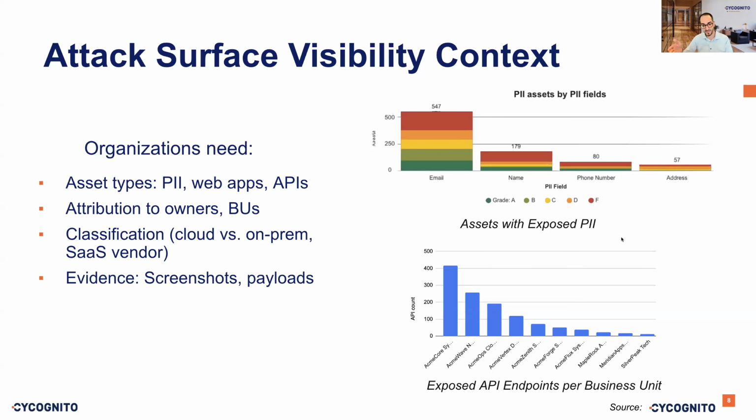This is obviously obfuscated, but different business units and who owns these internet exposed APIs, which, by the way, you can then look at, as we can see at the top, which ones are at risk and which ones are also not protected by a WAF and might be rogue APIs or completely mistakenly exposed to the internet.